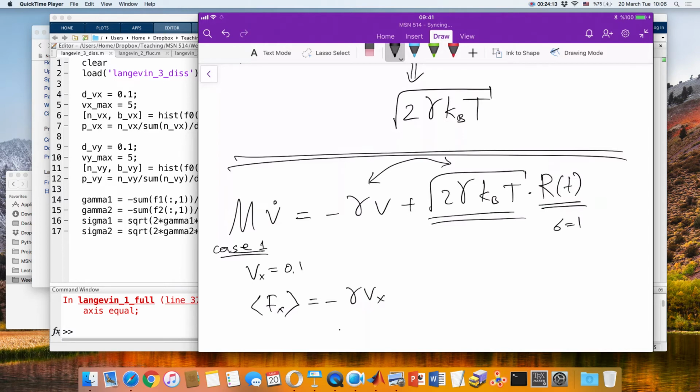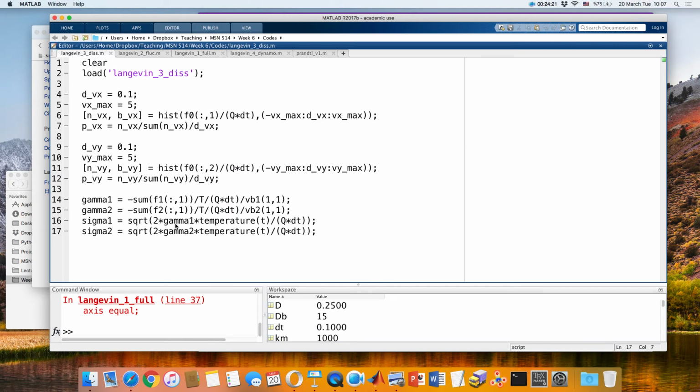So we can take gamma from there. And then we will calculate sigma. How do we calculate sigma? We take this gamma, put it in this formula, 2 gamma kBT, and that will give us the possible sigma of the Gaussian. So we are numerically validating what is theoretically already done.